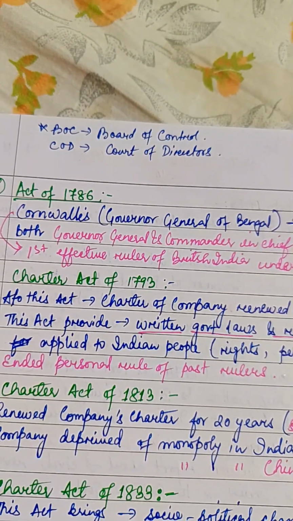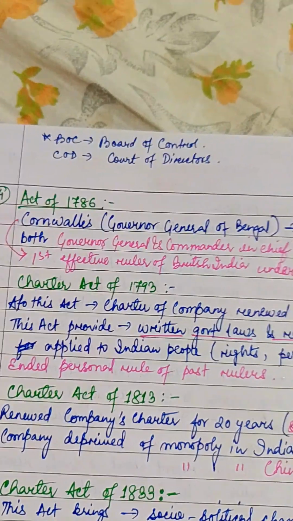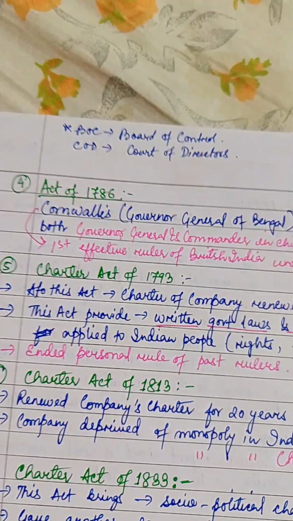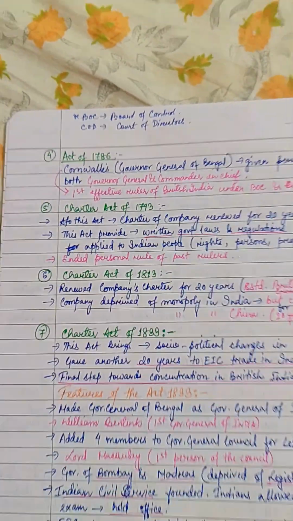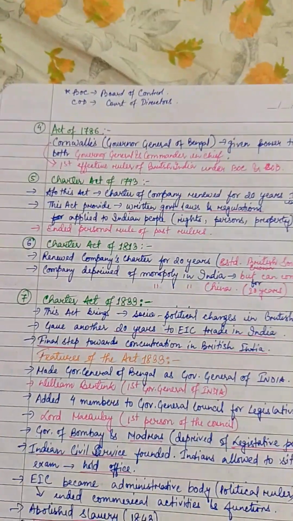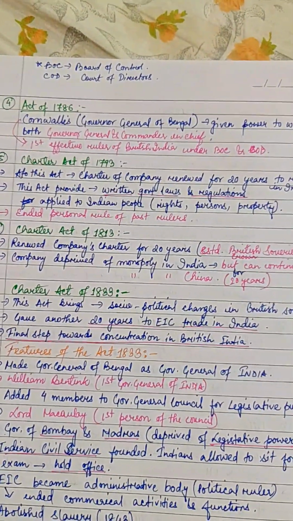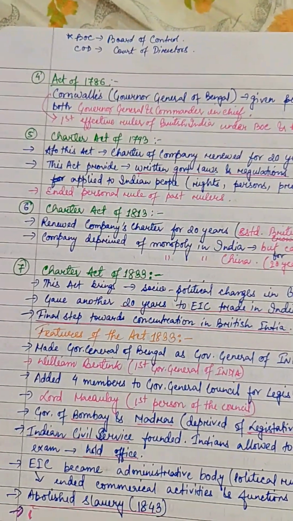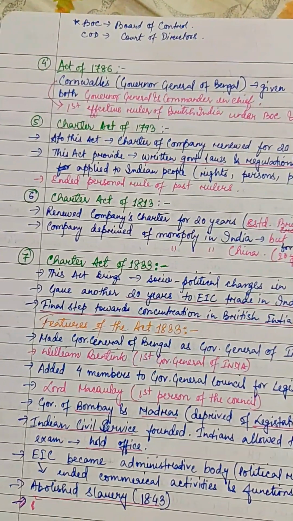If you want to know about them, see the Regulating Act and Pitt's India Act, where you will learn about the Board of Control and Court of Directors and their role in India. So in the Act of 1786, there is nothing much. Lord Cornwallis was the Governor General of Bengal, the Commander-in-Chief and the first effective ruler of British India under the Board of Control and Court of Directors.